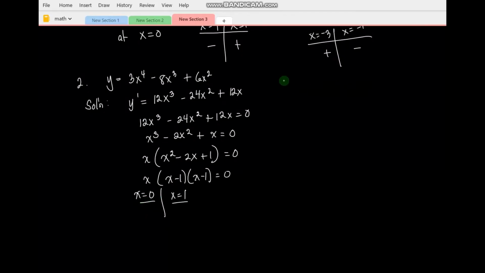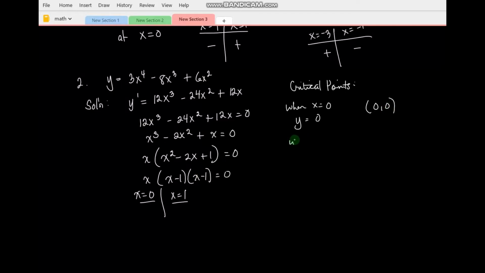So we find the critical points. When x equals 0, it's very obvious. This is 3 times 0 to the 4th minus 8 times 0 cubed plus 6 times 0 squared. We have one critical point, 0, 0.